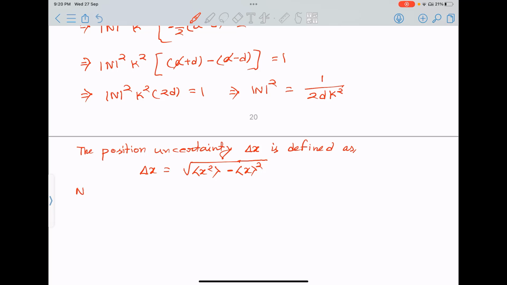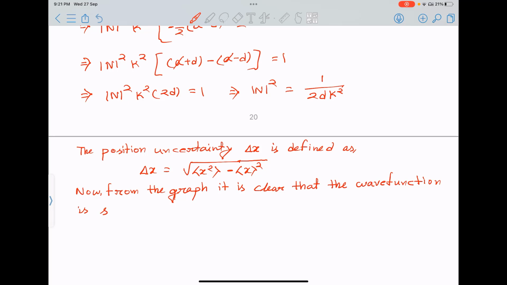Now from the graph, it is clear that the wave function is symmetric. I think that there is a spelling mistake.